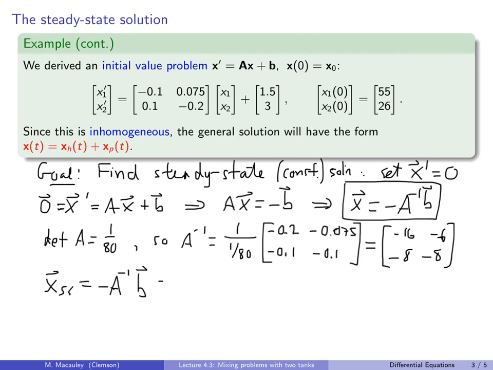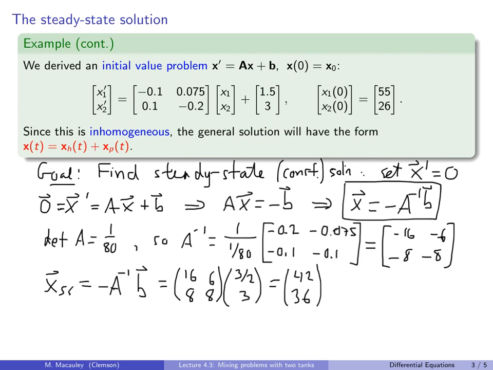So that is 16, 6, 8, and 8 times B. B is this guy there, so that's times 3 halves and 3. If we multiply this out, this product is just 42 and 36. So this is a steady state solution.